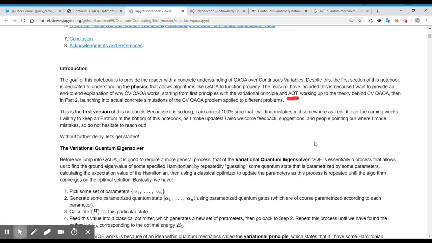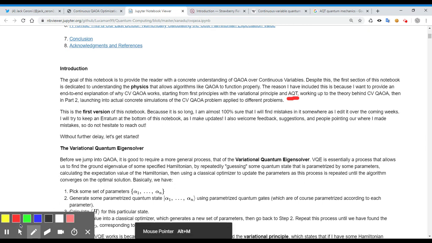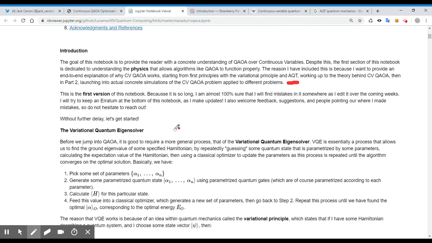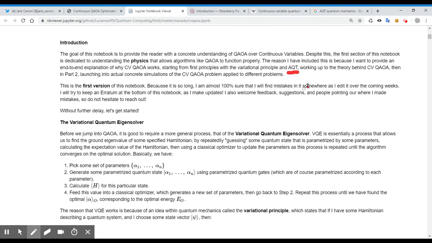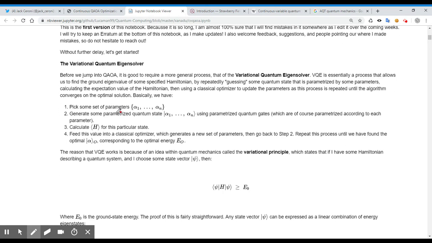Here, working out the theory behind CVQA, then in part 2 launching actual concrete simulations. This is the first version of this notebook because it's so long, I'm almost 100% sure there will be five mistakes. Okay, the variational quantum eigensolver.